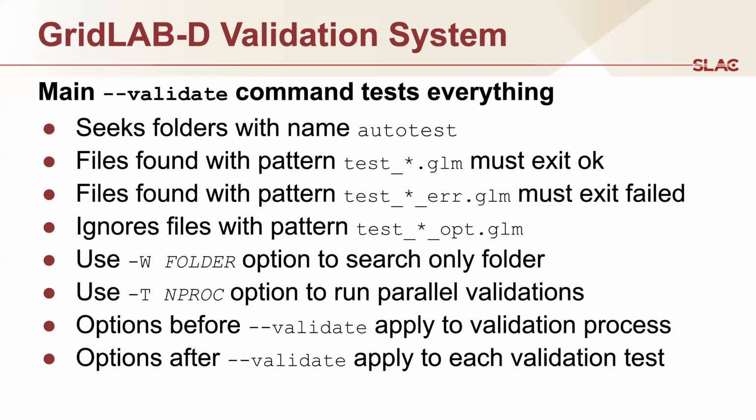We can also have tests that must fail. The simulation must fail in order for the test to pass. I know that can sound a little confusing, particularly if I don't say it clearly. But again, the important thing to understand is that in the first case, the simulation must exit with an OK for the test to pass. And in the second case, the simulation must exit with a failure in order for the test to pass.